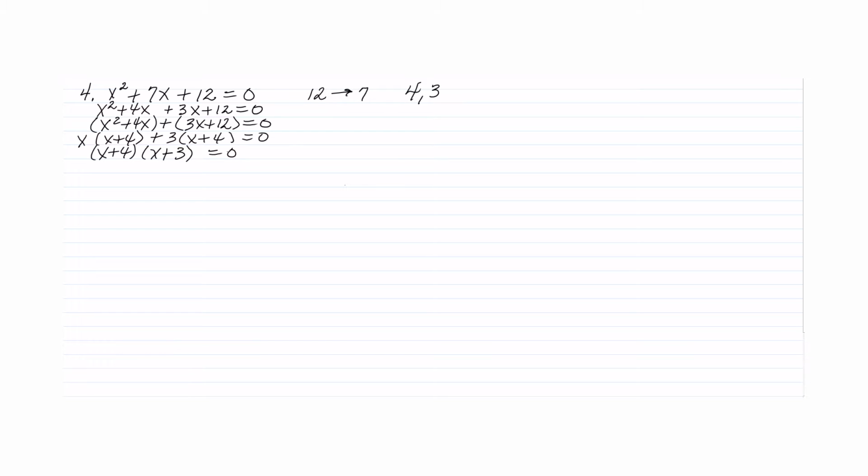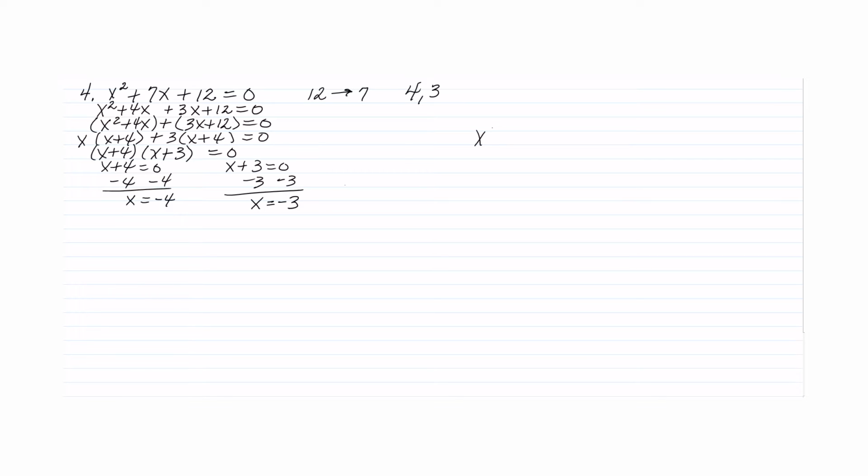And we set each one of these factors equal to 0. And we get x all by itself on one side. So we see that x equals negative 4, and x is going to equal negative 3.